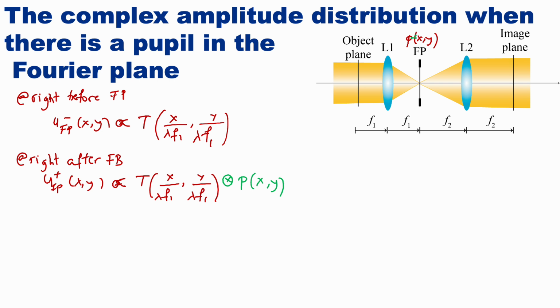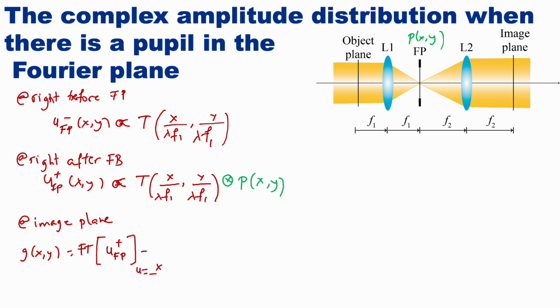So remember here that we are introducing a mask. And at the image plane, we have the Fourier transform of the information that we have right after the Fourier plane.